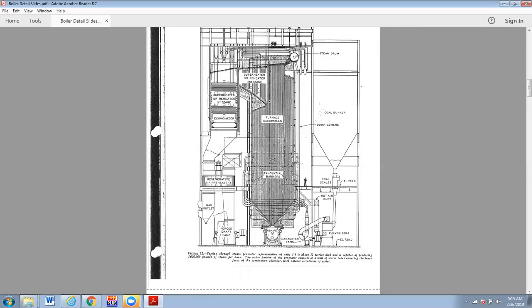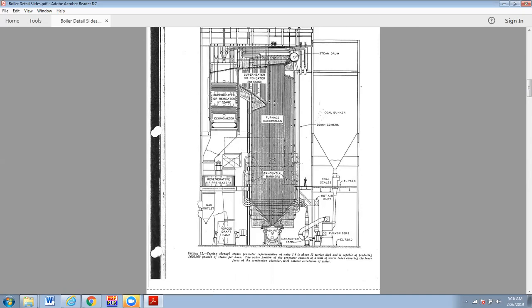They're all similar, just different size. This is a fairly small unit. I'm not seeing a primary air fan. I don't know if they have one or whether they do it all off of the FD fan here. But at any rate, we've got our coal pipes feeding our burners, and we've got airflow into the boiler at different locations.